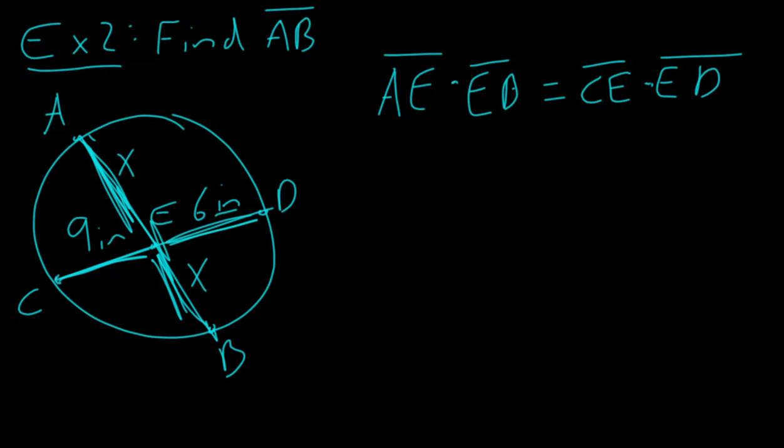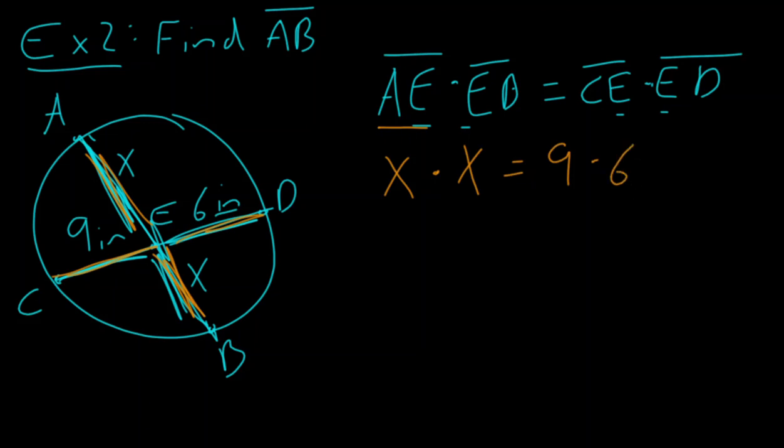Once again, we see that we have E in the middle of all of these, and that's our point of intersection, so of course that should make sense. Let's go ahead and switch to this UT burnt orange, and let's say, hey, what is AE? So I come back here, and I see AE is an x times, come right here, I see EB is also an x, equals, we have CE, which was 9, times ED, which was 6.